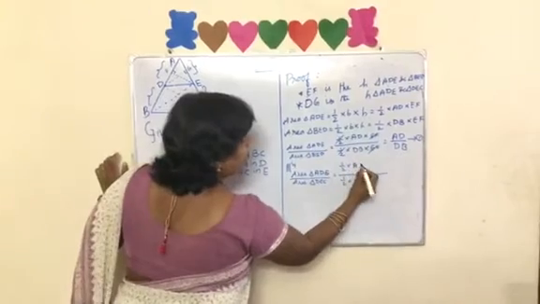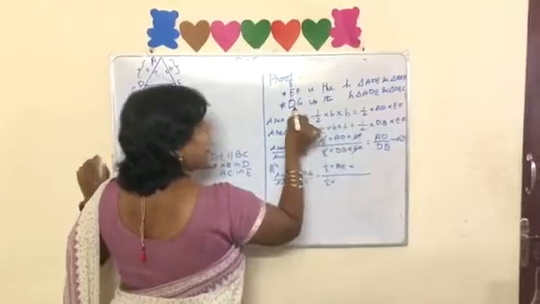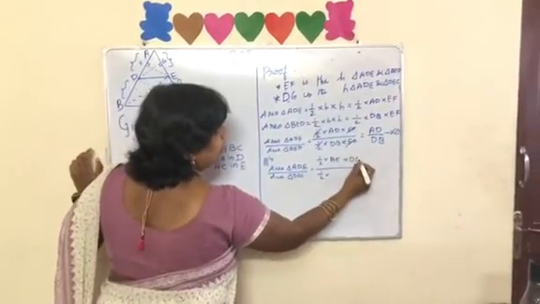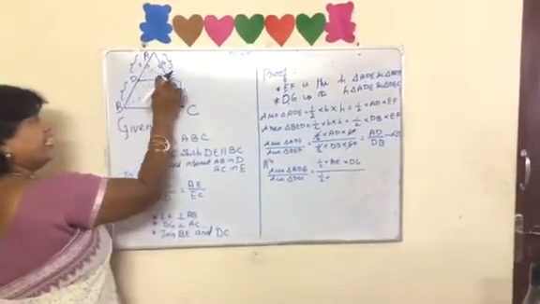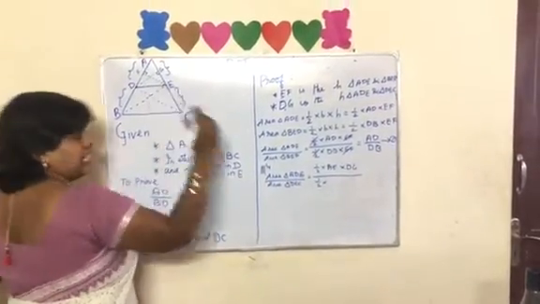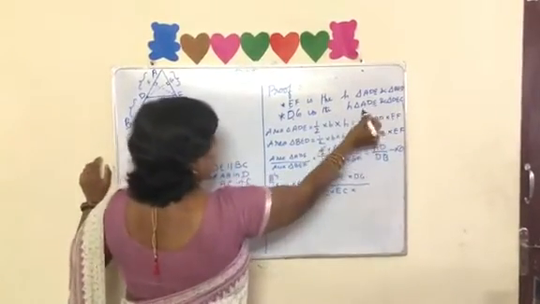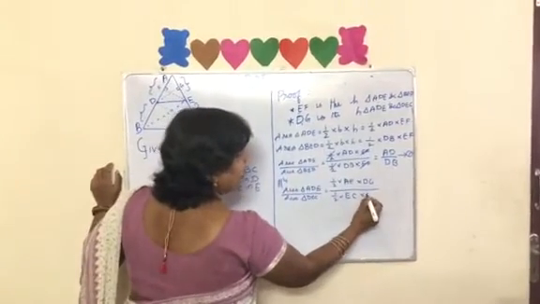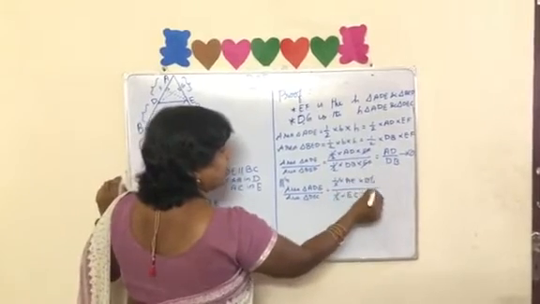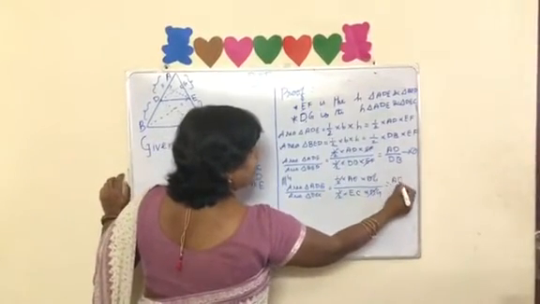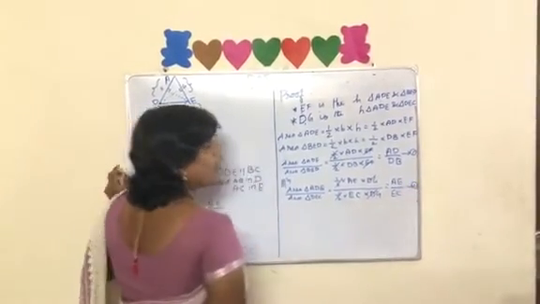So AE into height DG. For the next triangle DEC, the base will be EC, so EC into height DG. Now the common part cancels, and the rest you write as AE by EC. This is equation 2.